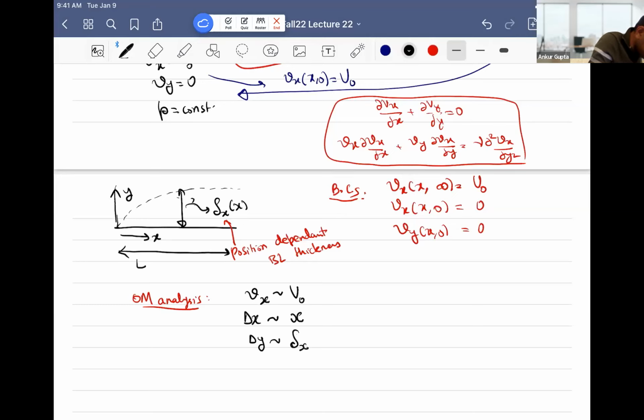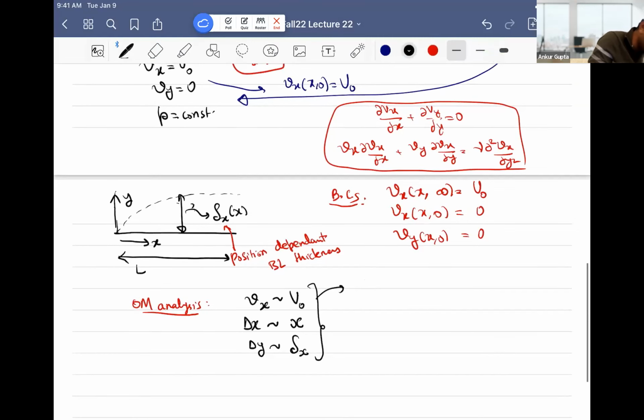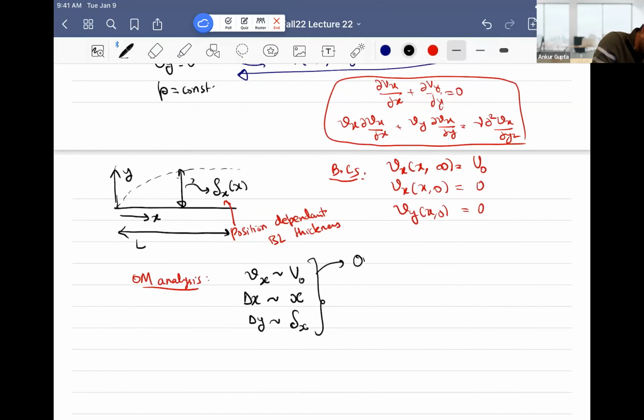Then finally, I think that's all you really need actually. So I want you to now take a few minutes and I will walk around. Take a few minutes to do OM analysis on both continuity and boundary layer equation.